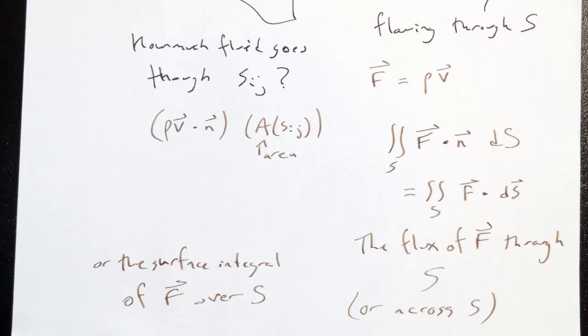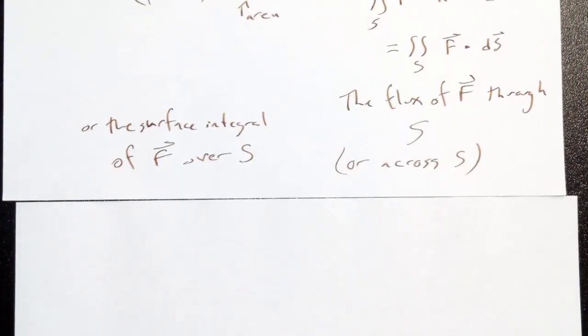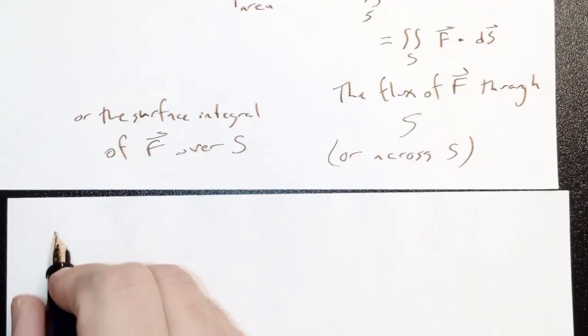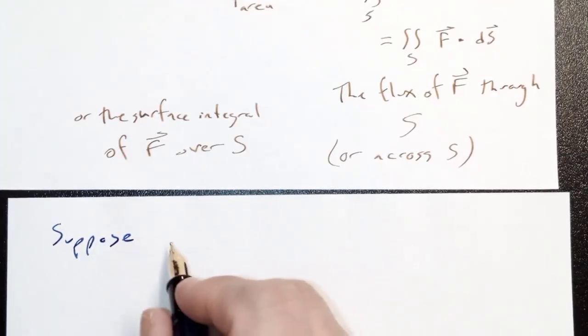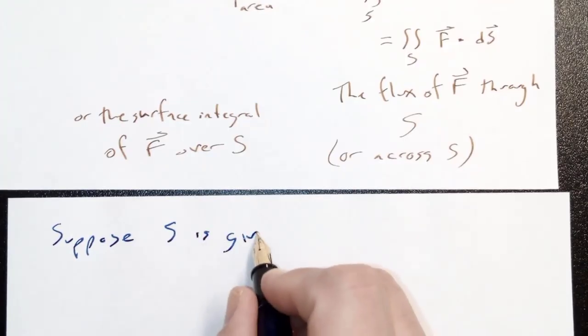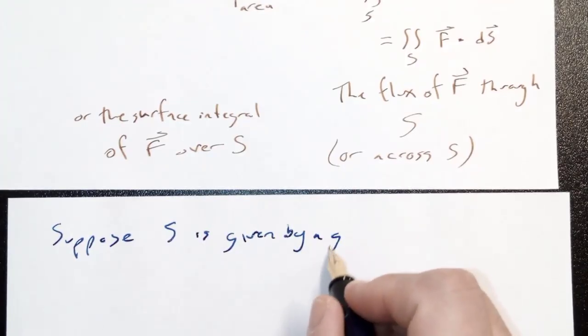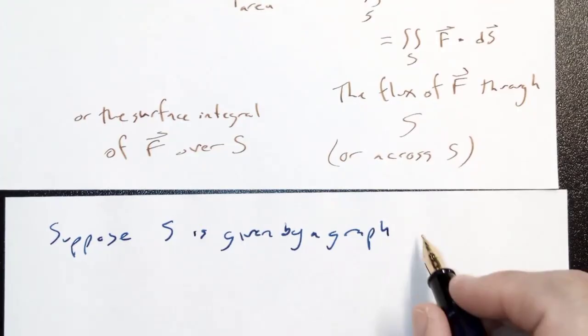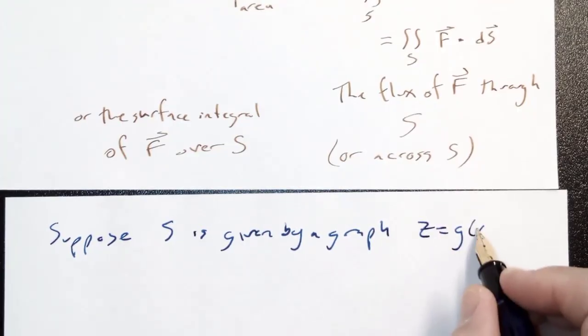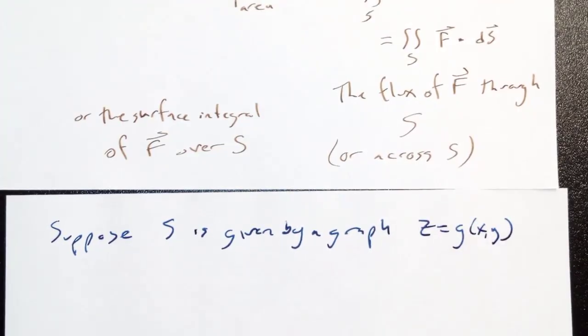Let me look at an example, a general one. I want to know what happens if my surface is given by a graph. Well, if my surface is given by a graph, z equals g of x, y, then what's my normal vector?